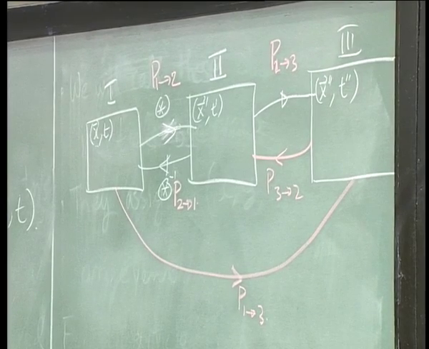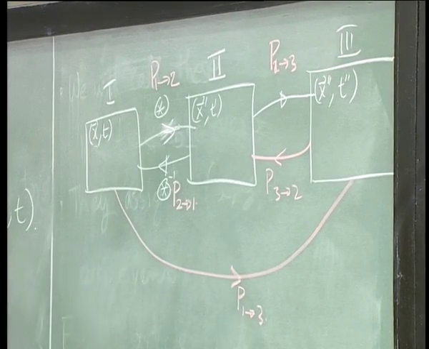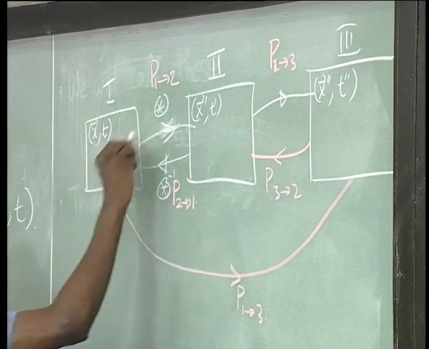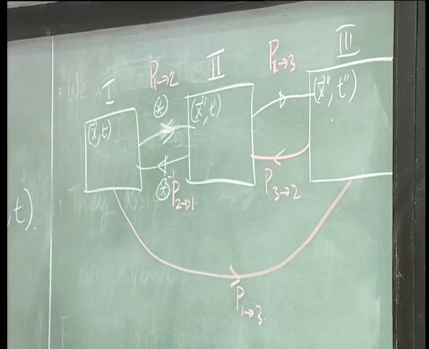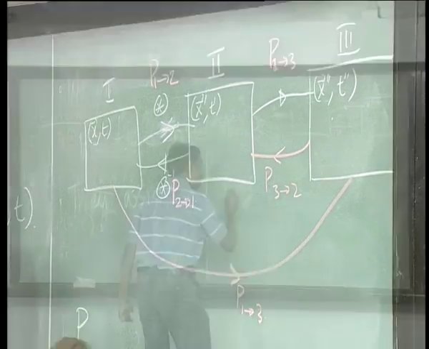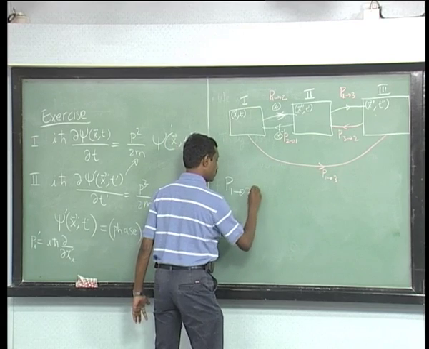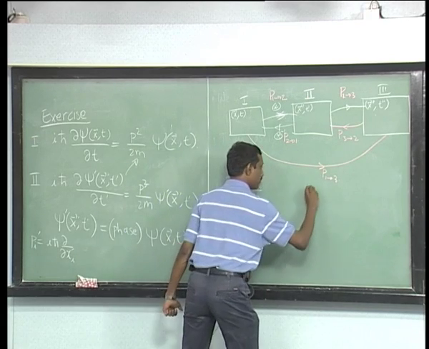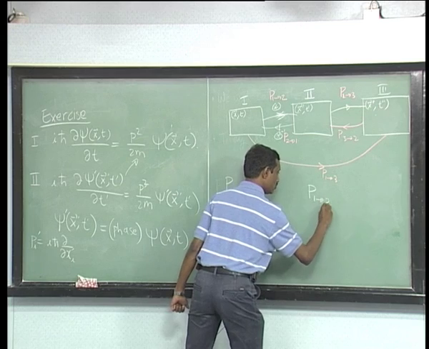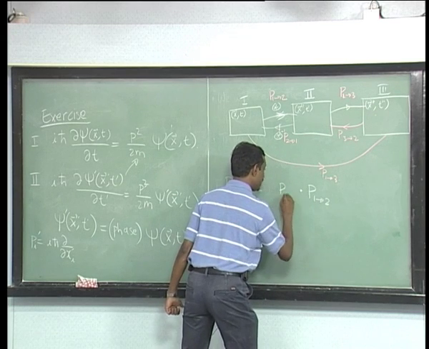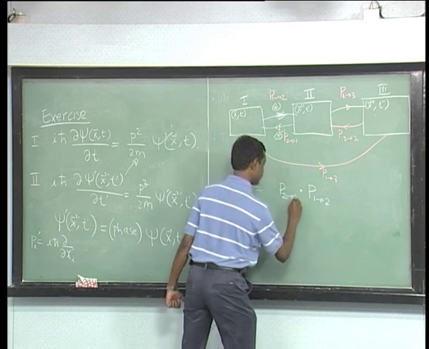So, let us leave this, but the most important thing is there are two ways I could have gone. I can go from here to here to here, but I can also go directly. So, we get a very important property. It says that P 1 to 3 is equal to P 1 to 2 composed with P 2 to 3.